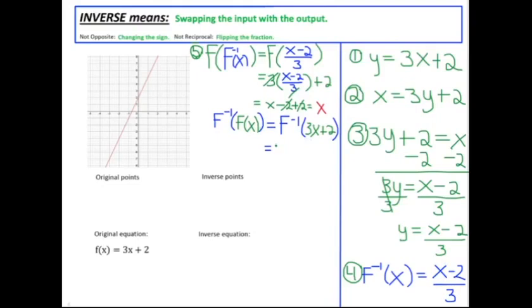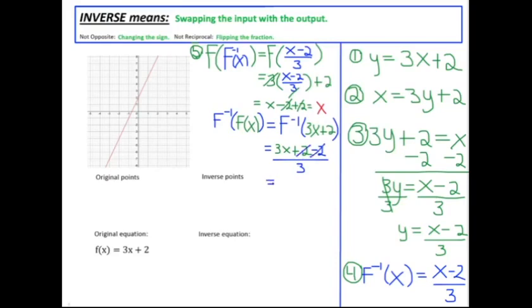So let's go ahead and do that. So we have 3x plus 2 and then we write down everything else exactly as it is. So we have minus 2 and then divided by 3. These 2's will cancel here.